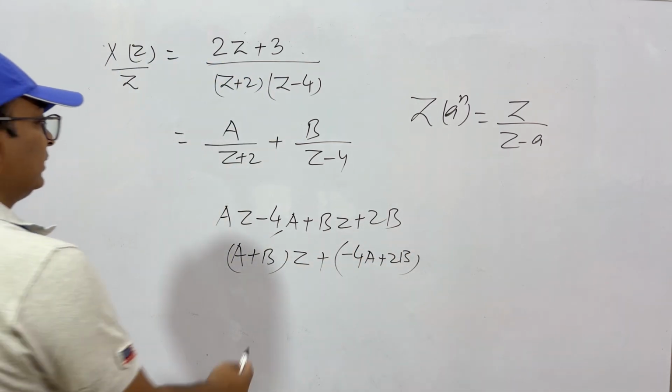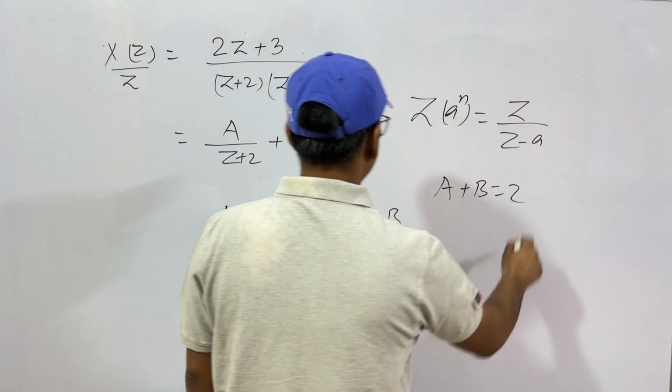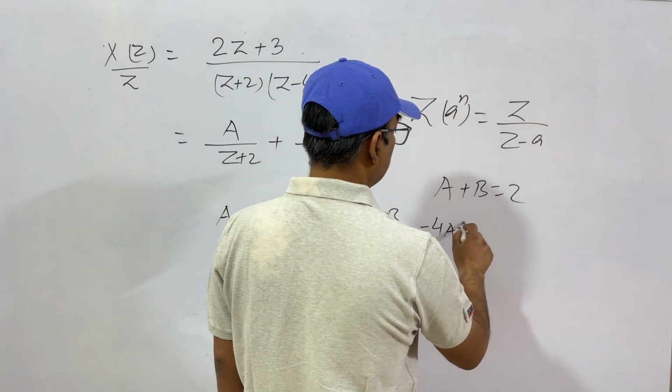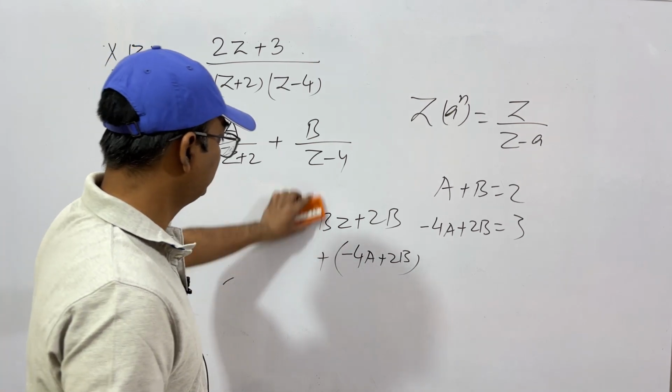Okay. So A plus B is 2, and minus 4A plus 2B is 3. This is what we get.